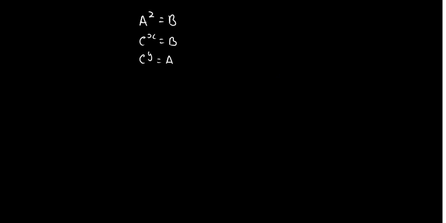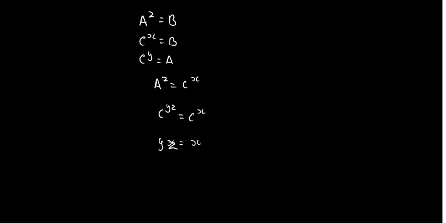Doing this now, we can do some more manipulation where we say, okay, we know c to the power x is equal to b, so you can replace it there. We can say a to the power z is equal to c to the power x, right? And now we know c to the power y is equal to a, so we can have c to the power yz is equal to c to the power x, which just means yz is equal to x.